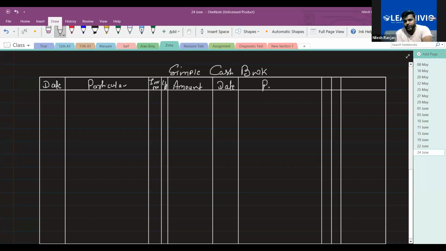Okay, can you tell me what will change here in a double column cash book?